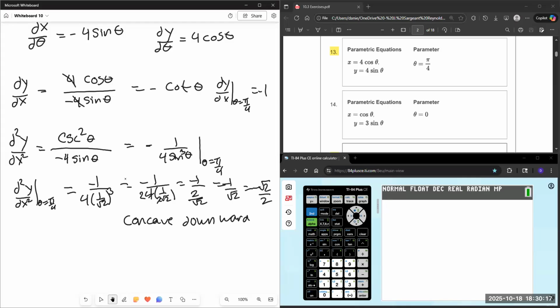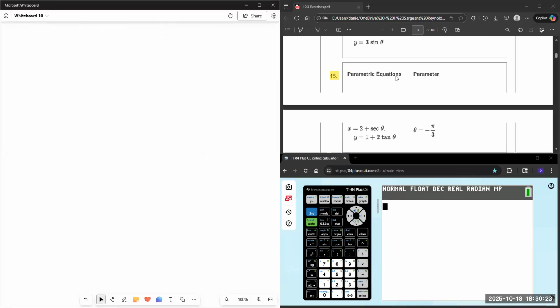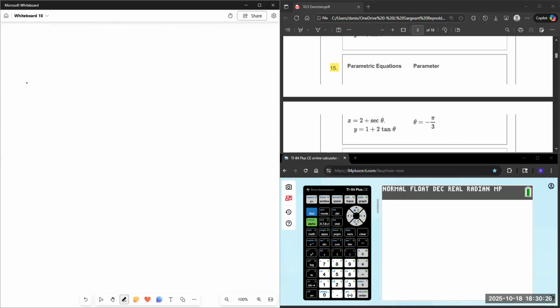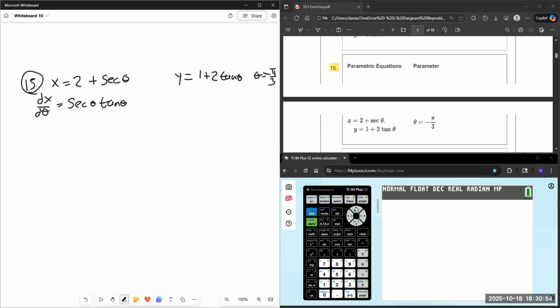Let's look now at number 15. x is equal to 2 plus secant theta, y is equal to 1 plus 2 tan theta, and theta is equal to negative pi over 3. dx d theta is equal to the derivative of secant, which is secant tangent. dy d theta is 2 secant squared theta.